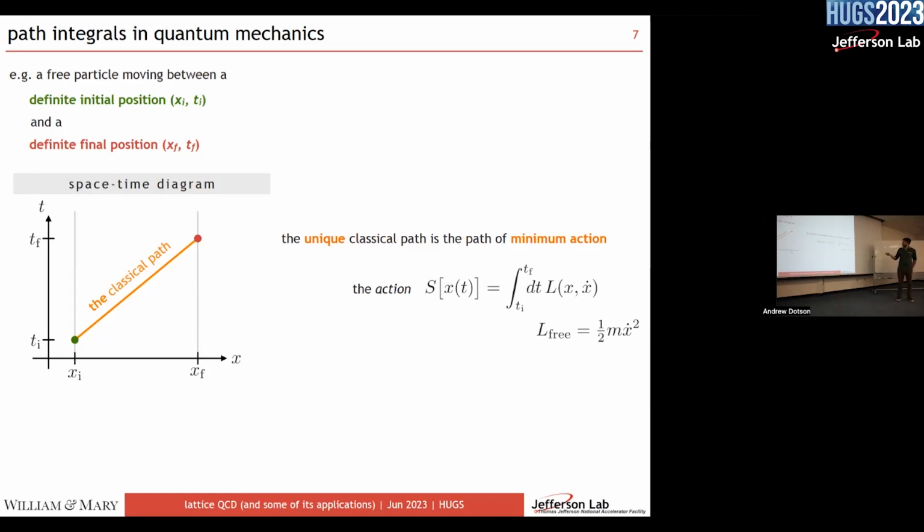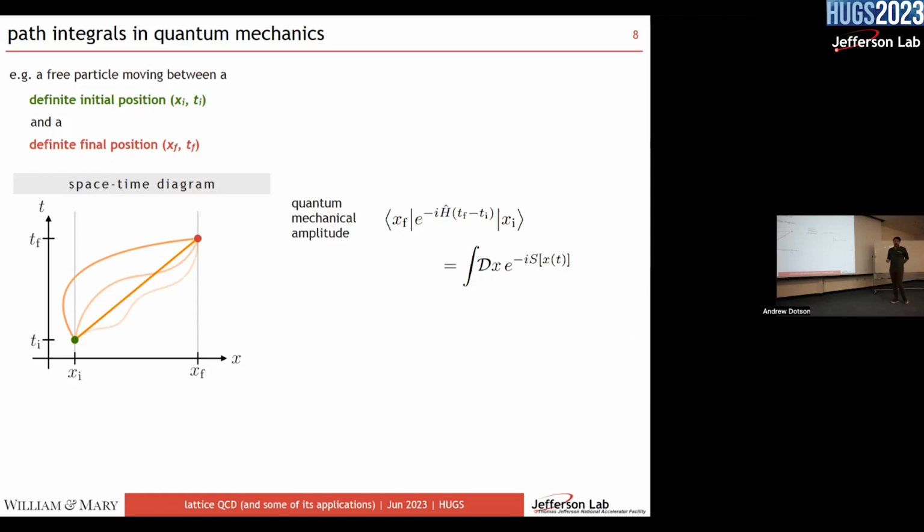If you take the Lagrangian and evaluate it for this particular path rather than any other path, you will get the lowest value of action. This is the principle of least action, which is essentially equivalent to solving Newton's equations. That's what classical mechanics is in one statement.